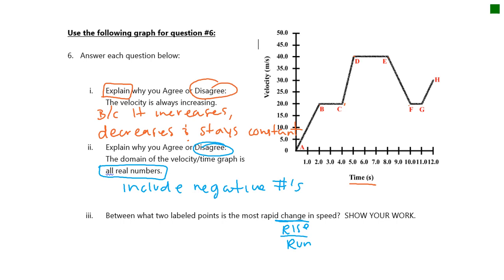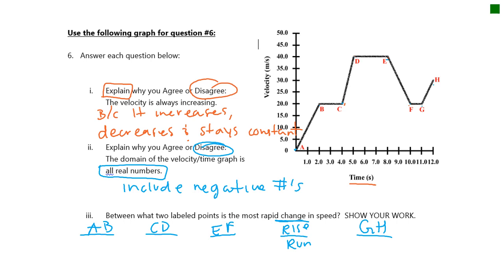Well, the changes is happening when the line is either going up or going down. All right, so I have point A to point B. That's one change. I also have point C to D. That's another change. I also have E to F. And I also have G to H. So I have 4 different changes. I have to figure out which one is going the most rapid, the most fastest.